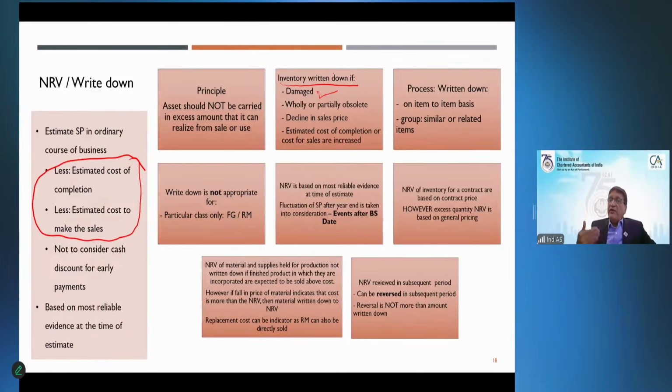If the inventory becomes obsolete after COVID, we all know how fast the world is changing, how fast fashion is changing. I remember reading one of the case studies of Zara. In the case of Zara, every month the entire merchandise, every garment in a particular store, is changed.